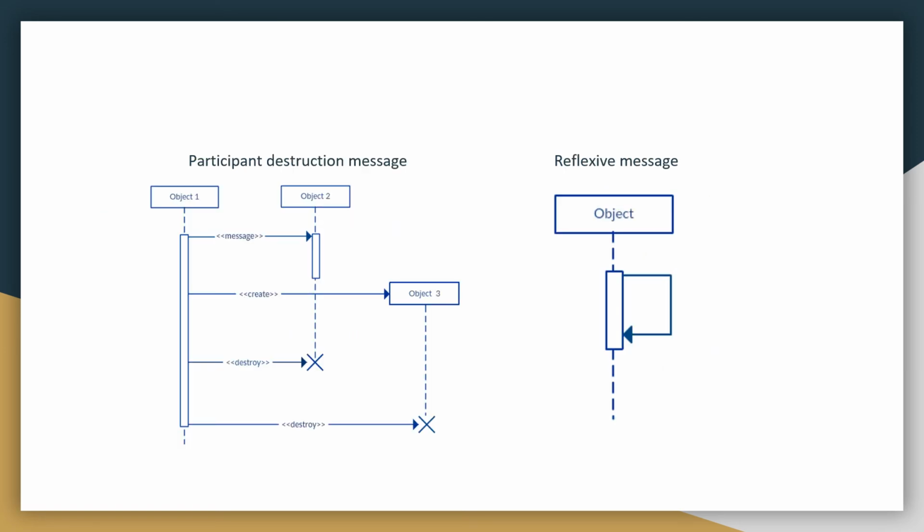When a participant is no longer needed, we put an X on the diagram to show that the participant is no longer needed in the system. The next one is the reflexive message. When an object sends a message to itself, it is called a reflexive message. It is indicated with a message arrow that starts and ends at the same lifeline.